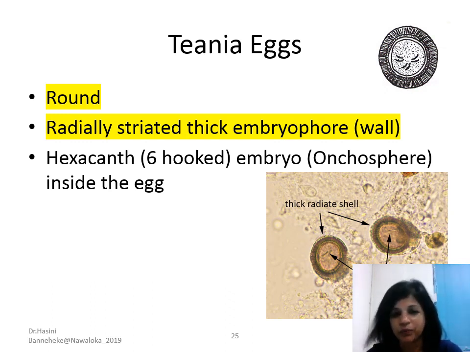These are round, and generally they have a radially striated wall, and inside you get the hexacanth embryo, which has 6 hooks. The spherical shape and the radially striated wall are quite well seen.